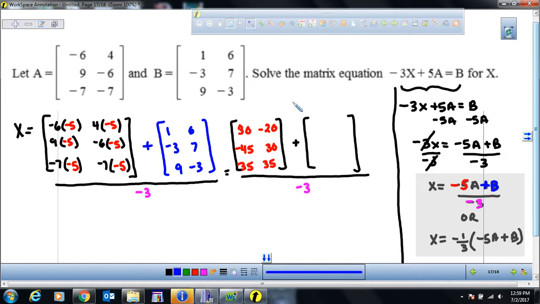Then we need to add them to B, which is 1, 6, negative 3, 7, 9, and negative 3. And then we're going to divide all the values by negative 3, or multiply all the values by negative 1/3, which, like we explained, is the exact same thing.